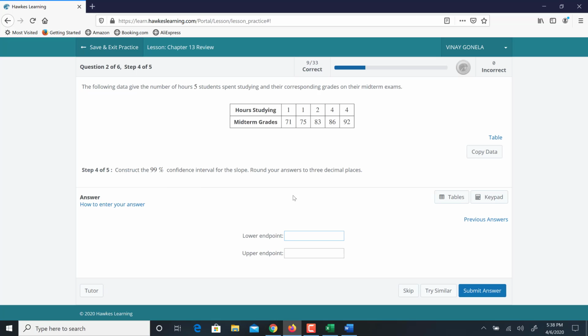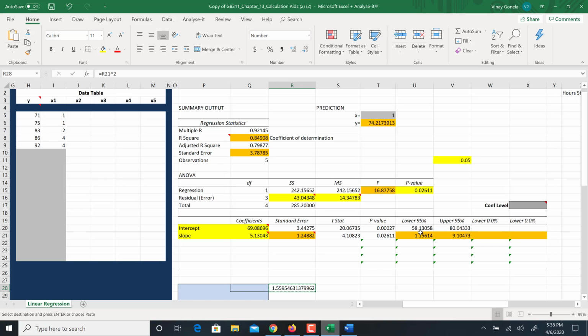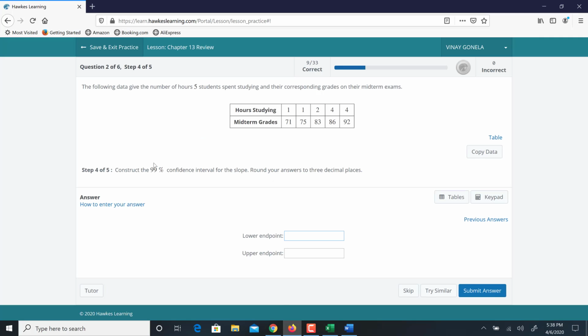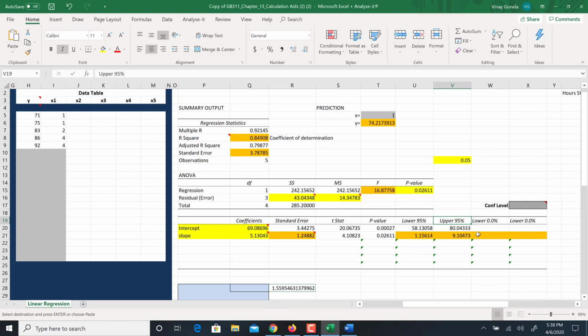And then find the 99% confidence interval. If you see, they gave you lower 95% and upper 95%. They are asking you to calculate the 99% confidence interval for the slope, not for the intercept. This is 95%, so for the slope, the 95% confidence interval will be 1.15 and 9.10, but we wanted the 99% confidence interval.